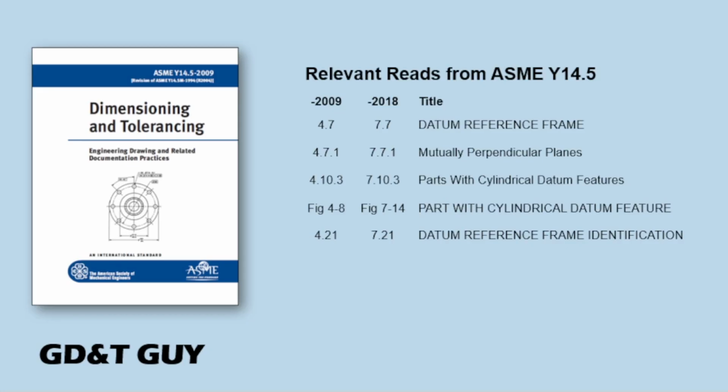And then 4.10.3.1 through 4.10.3.3 deal very specifically with parts like my drawing GDTG 00611, making it clear that a tertiary datum constraining rotation is not required, illustrated in figure 4-8, which is 7-14 in 2018. Then there is another little nugget you can see in figure 4-8, and you have to skip way ahead to 4.21 to read about it.